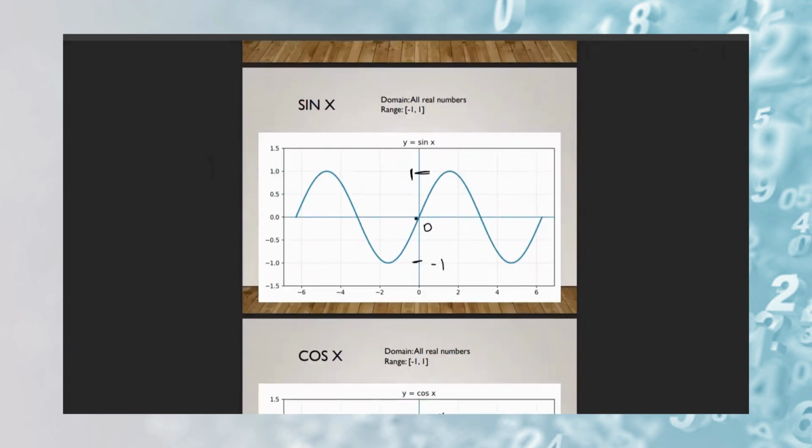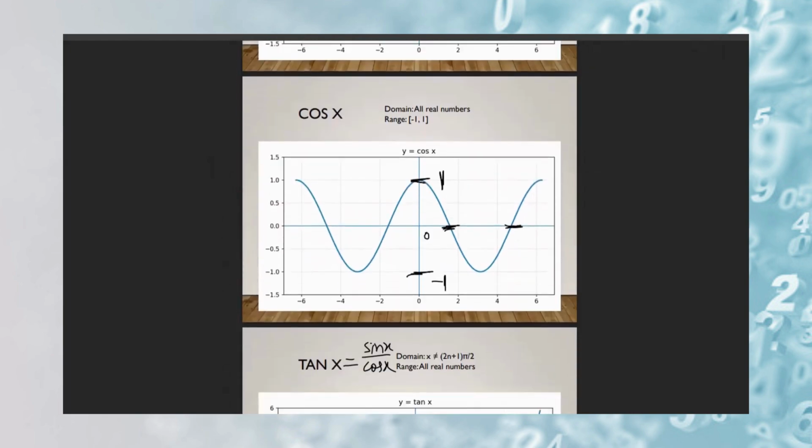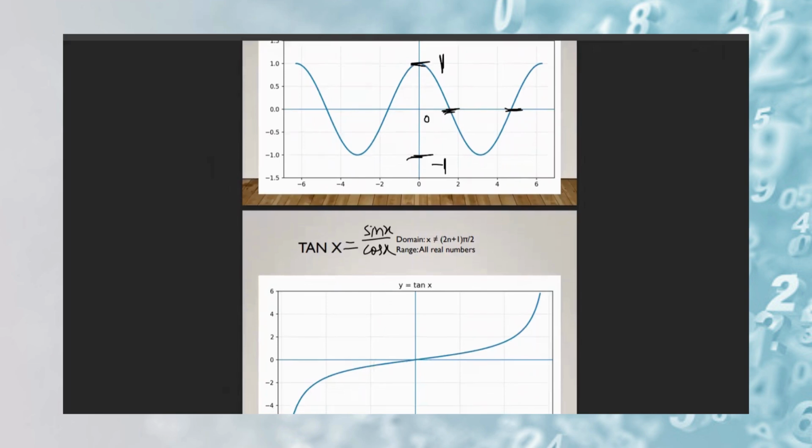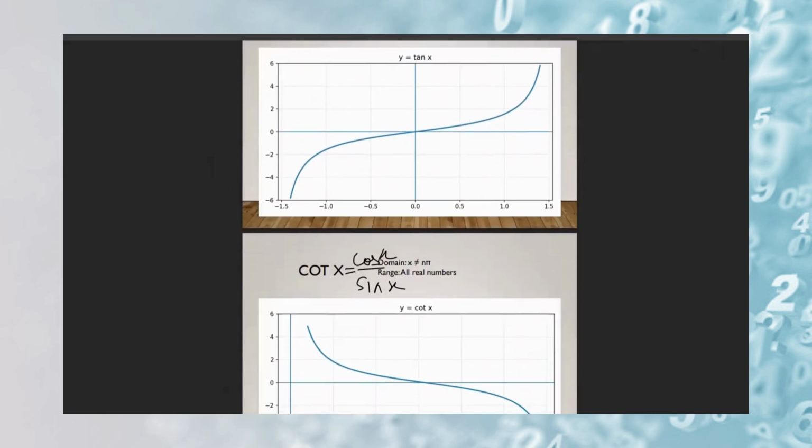Yes, here sin 0 is 0, sin 180 is 0, and then sin 360 is also 0, right? And sin minus 180 is also 0. That means I can say that n pi gives me 0, right?